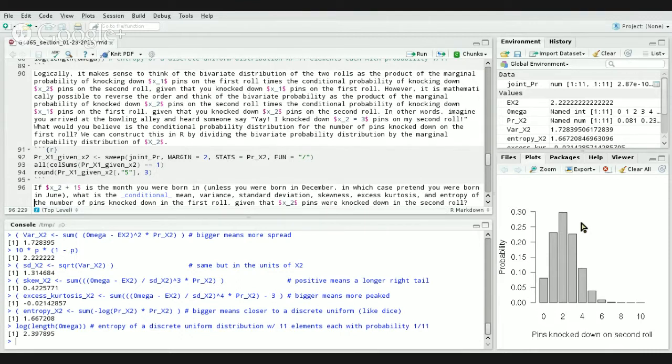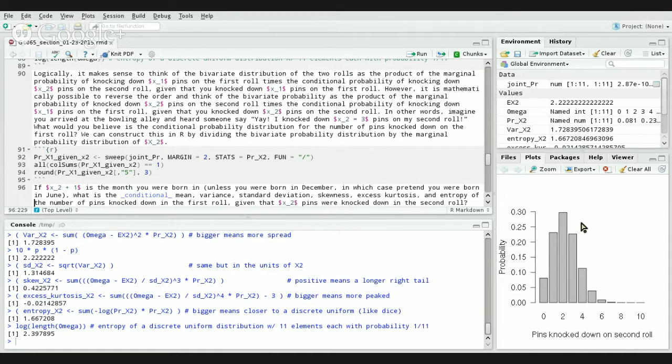One way to get some intuition about it is to imagine that you go into a bowling alley and someone is jumping up and down saying, yay, I knocked down 3 pins on my second roll. What would be the probability distribution for the number of pins that that person knocked down on the first roll, which you didn't see because you were still getting your bowling shoes or whatever?